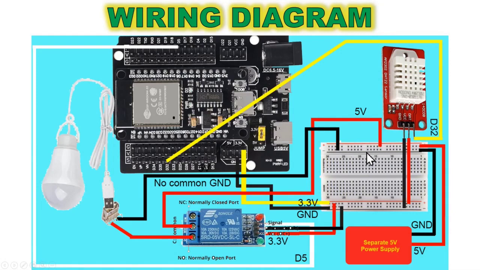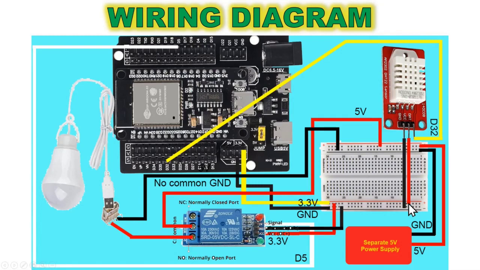Next, we go to the DHT22 temperature and humidity module. The VCC pin is connected to the 3.3 volt rail of the small breadboard.